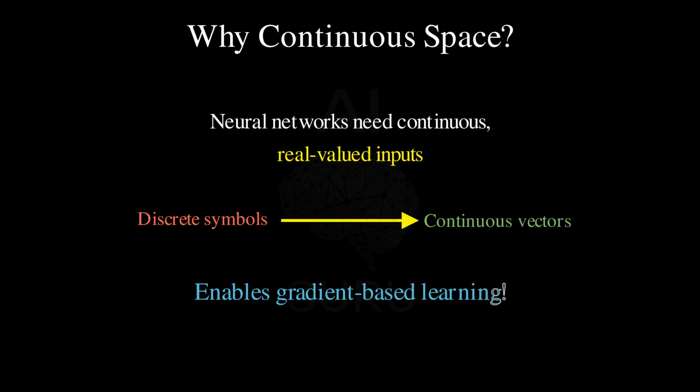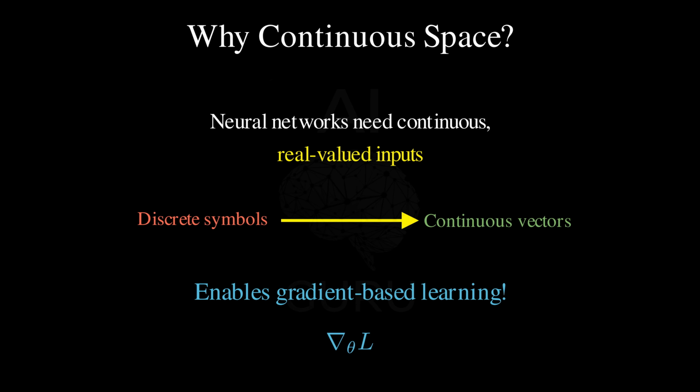By creating a continuous space where similar words are close, the neural network gains the ability to generalize. There's that word again. Generalize. Right. If the network learns to handle puppy in a certain context, the proximity of dog in the vector space means it will automatically apply that learning to dog, even if it has never seen that exact sentence configuration before. This generalization ability is what unleashes the power of deep learning on text data.